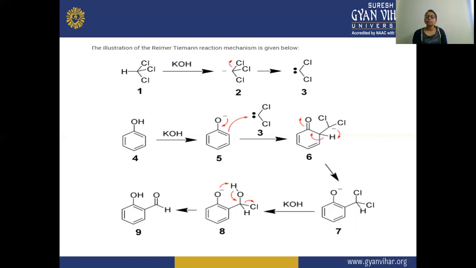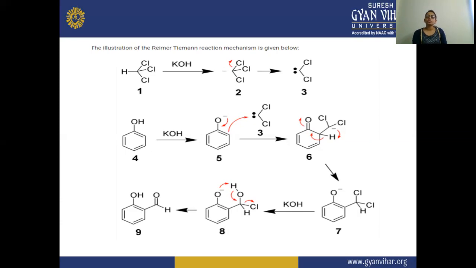After that, this hydrogen is abstracted from the carbon position, and this hydrogen has a positive charge, which is then attracted by the negative charge present on the carbon having the two Cl atoms.